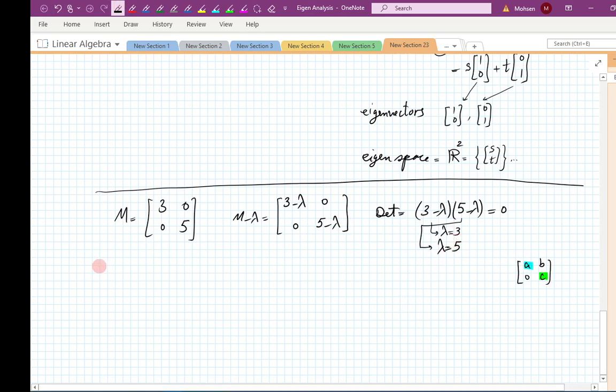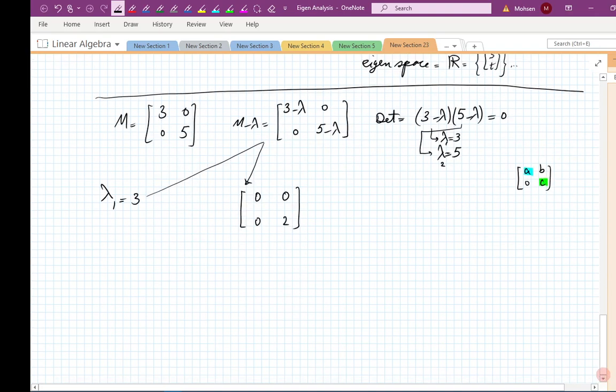Now I go ahead, number them 1 and 2, so lambda 1 is equal to 3. What do I do next? Take this number and plug it here. So what do I get? It's still a bit confusing because on the first row you don't have anything, so lambda equal to 3, we plug it here and that is what we get. Let's see if we can handle ourselves here and not get confused.